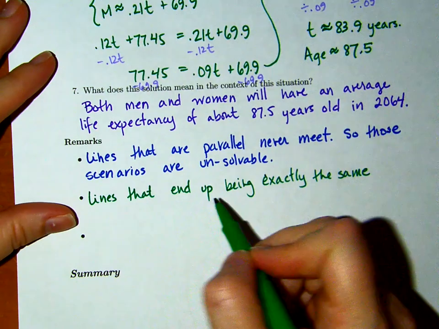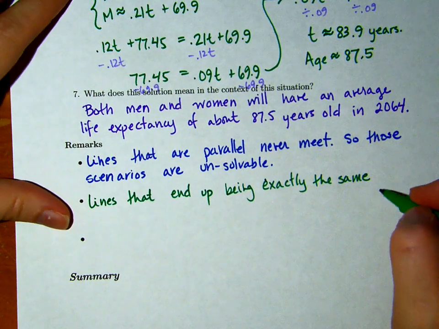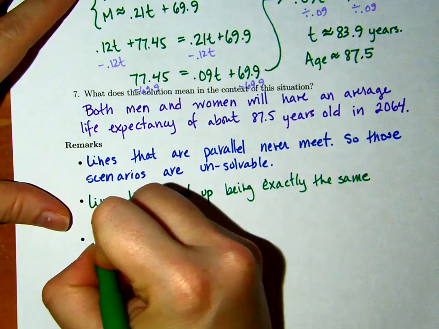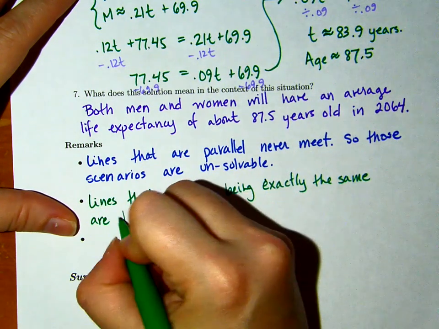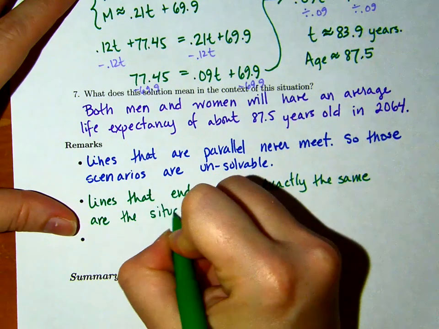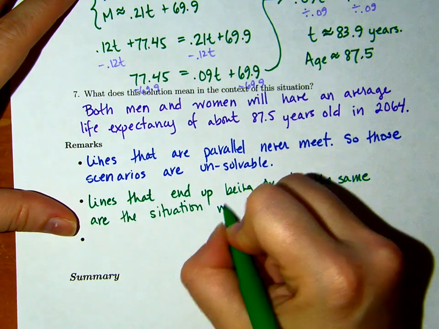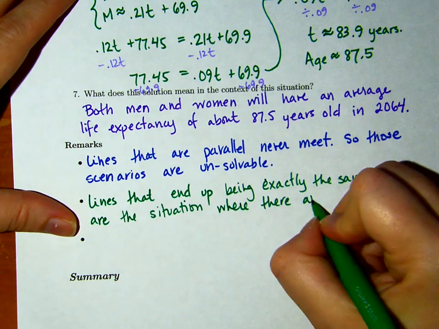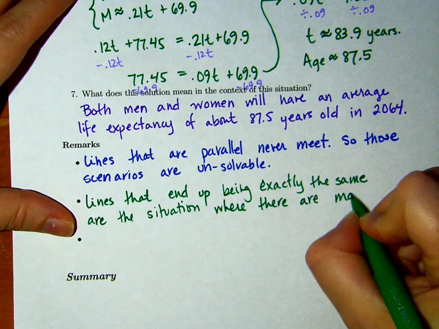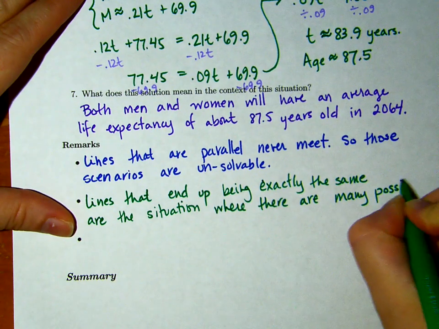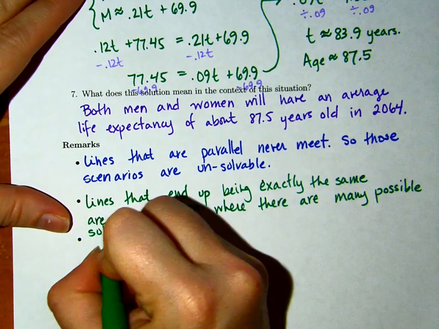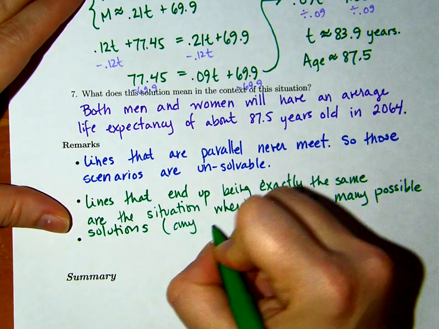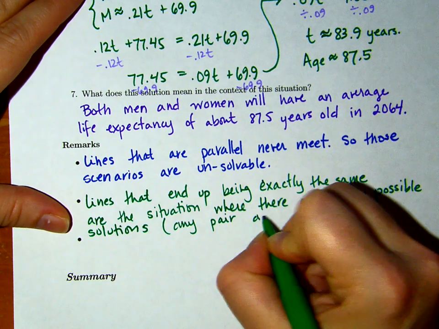So lines that end up being exactly the same are the situation where there are many answers, many possible solutions. Any pair along the line will work.